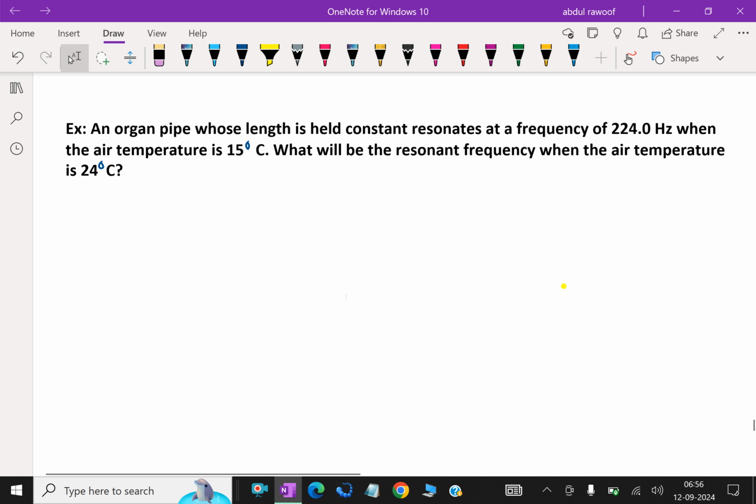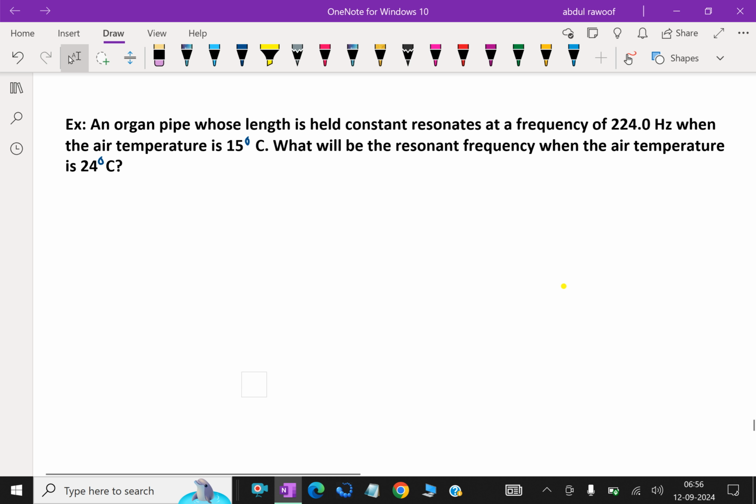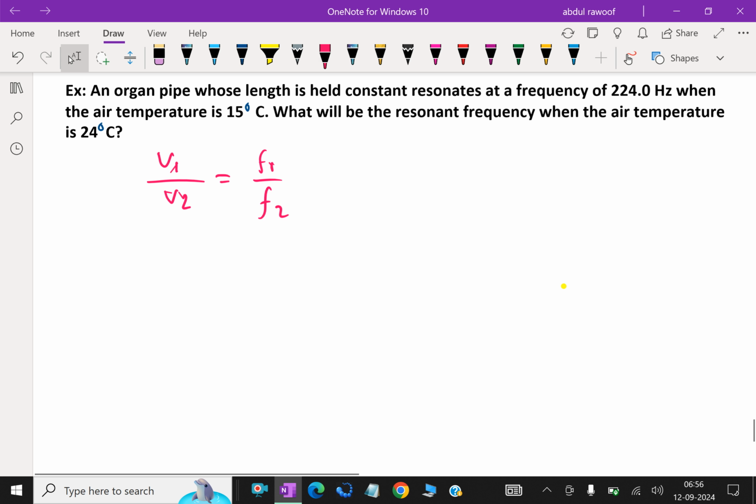Therefore, look at here, V1 by V2, the ratio, is equal to F1 by F2. These are ratios. Then we have to find F2.